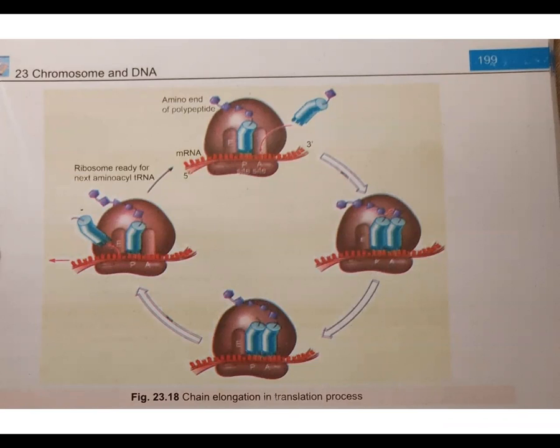Whichever codon of messenger RNA is exposed at the A site, its anticodon bearing amino acyl tRNA complex will bind to it with the help of an enzyme called the elongation factor.